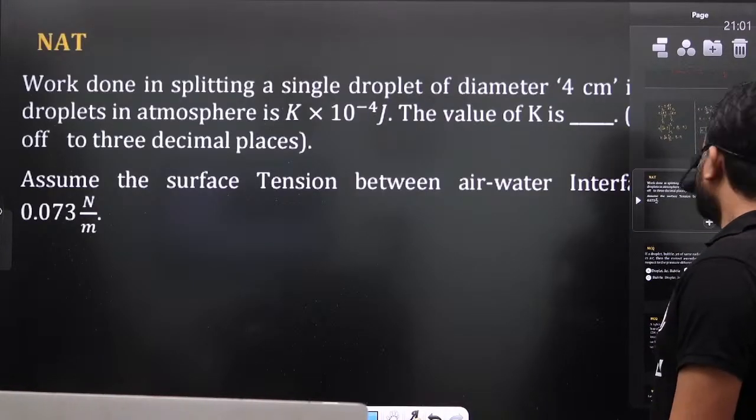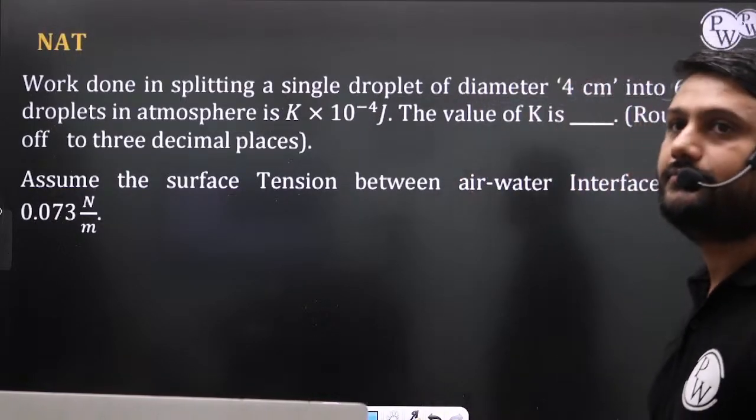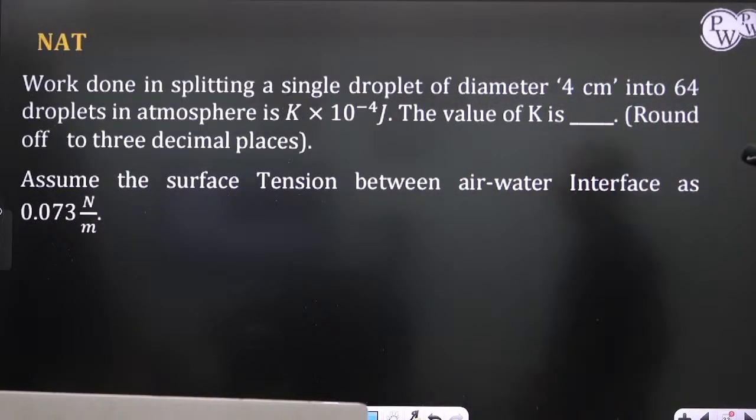Okay, now come to the next question. What is the work done in splitting a single droplet of diameter 4 centimeter into 64 droplets in atmosphere is K into 10 to the power minus 4 joule.